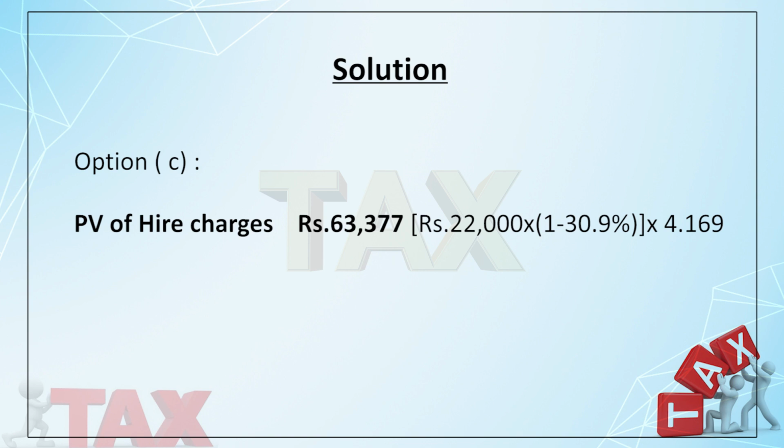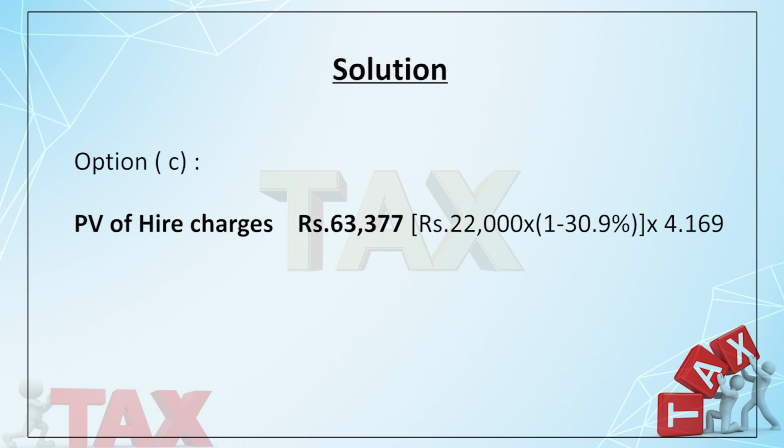Why is this so? Because in case of interest and higher charges, there are both a flow and a tax benefit, so I have to compute the net flow. But in case of depreciation, there is no flow, only the tax benefit, so I multiply by T. For the other items where there is a flow and a tax benefit, I need to compute the net flow, which is gross flow minus tax benefit.